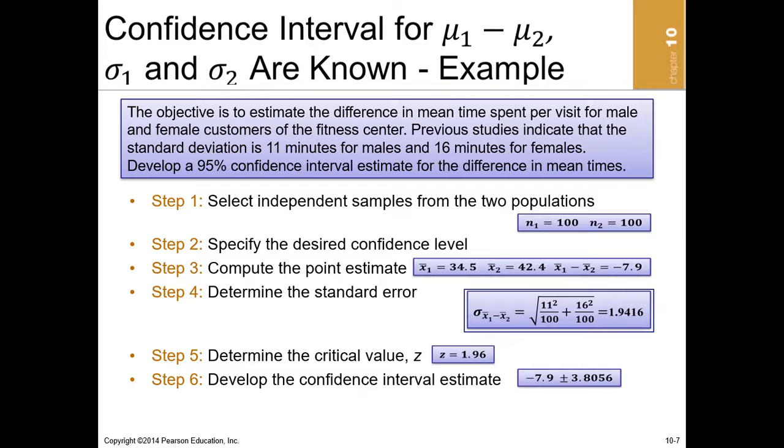So here, the question has given the sample size for male to be 100, the sample size for female to be 100, the sample mean for male 34.5, for female 42.4, and then we are testing at 95% confidence. So let's go back to our formula here.